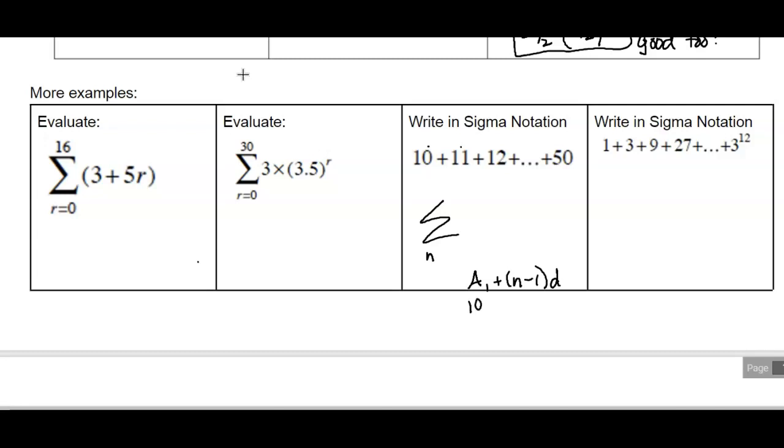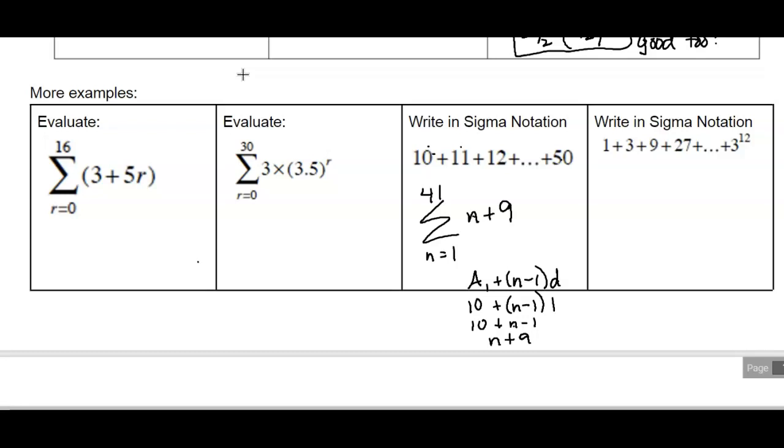I know my first term, my n minus 1, and then my difference, I'm adding 1 each time. So I get 10 plus n minus 1, so n plus 9. And I plugged in 1. Notice 1 plus 9 is 10. So the last number that I want to plug in here to get 50 would be 41.